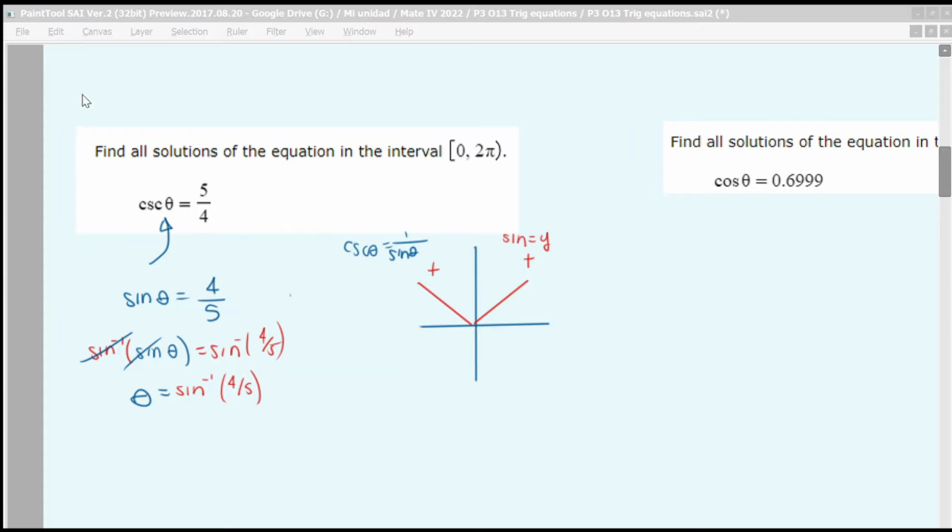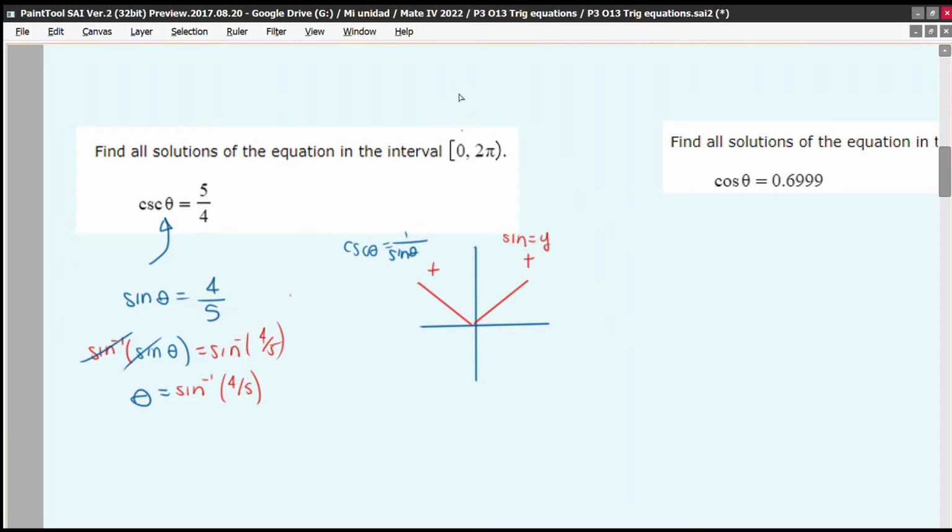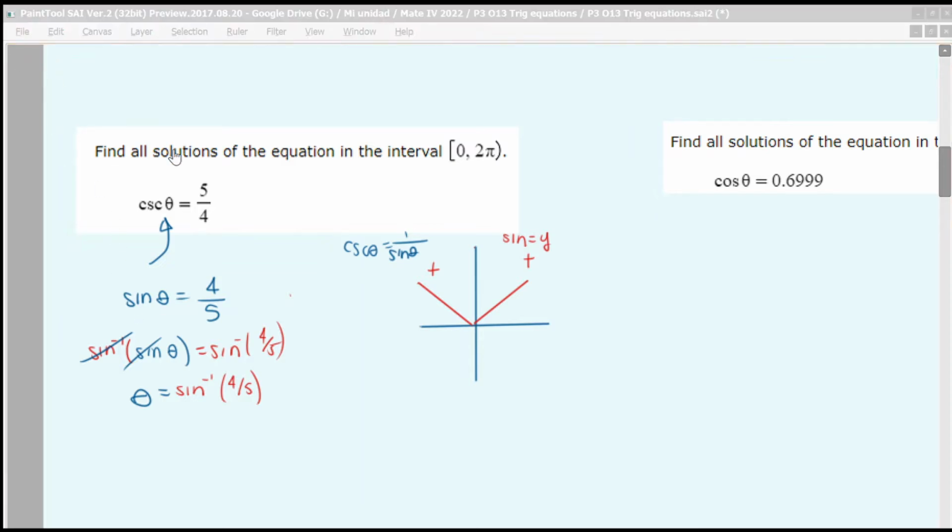So if I go into my calculator, this is sine inverse. Make sure your calculator is in radians. Why? Because I'm asking you the solution in radians, okay? And this is actually the typical format in which we ask these problems. So, sine inverse of 4/5.